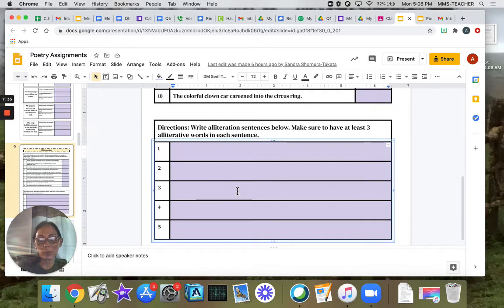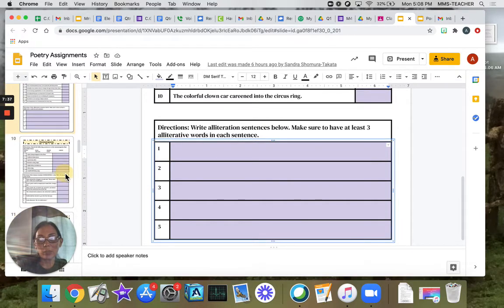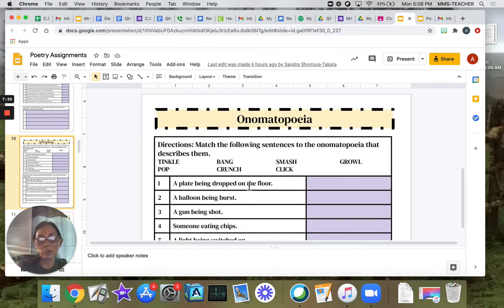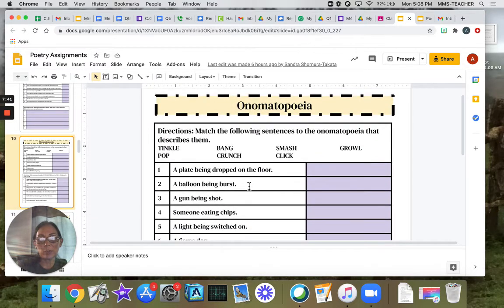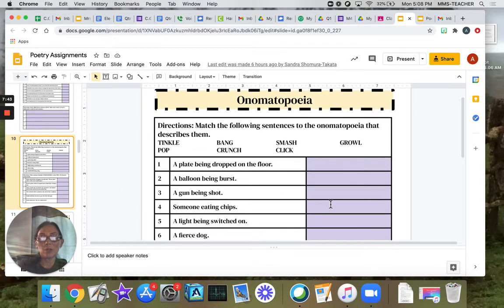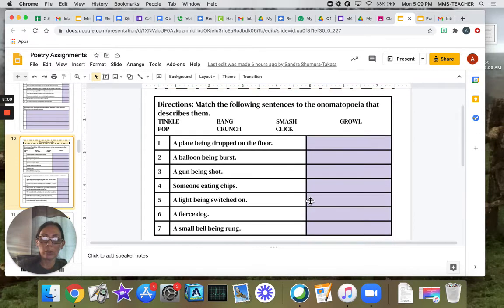Okay? Now for slide number 10, this is your slide for onomatopoeia. It says directions: match the following sentences to the onomatopoeia that describes them. So here are onomatopoeia words: tinkle, pop, bang, crunch, smash, click, and growl. Now here are 7 sentences.